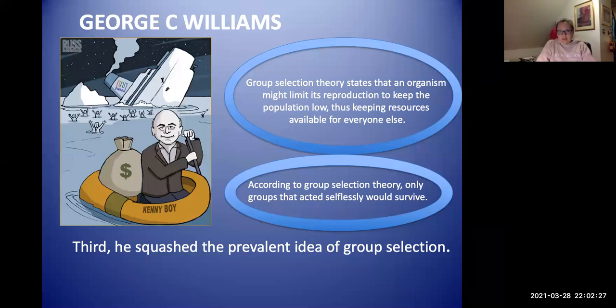Okay, so it was G.C. Williams, George, who squashed this idea of group selection, which was really prevalent at the time. So my friend Irv DeVore, he didn't learn this from Williams, he learned it from Trivers, but Trivers taught it to Williams, and then Williams helped popularize this idea.